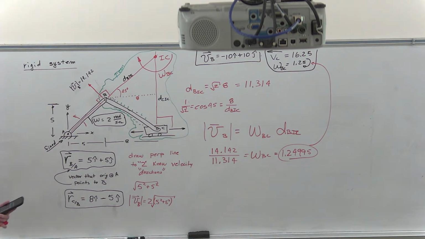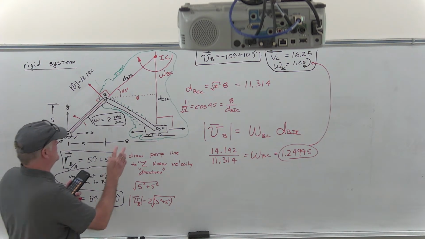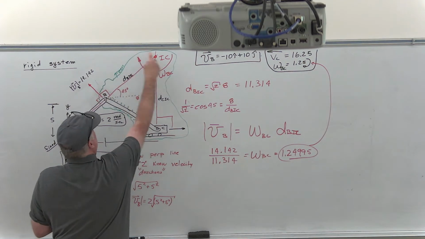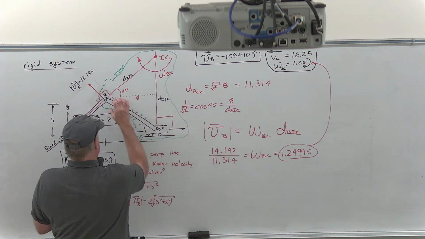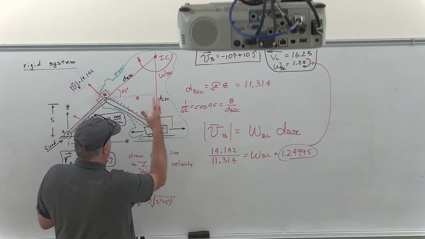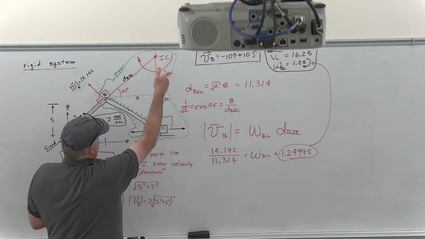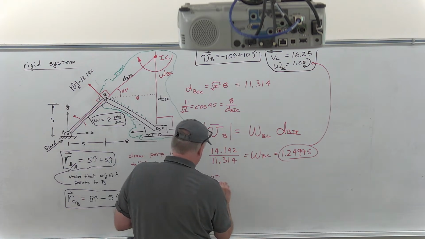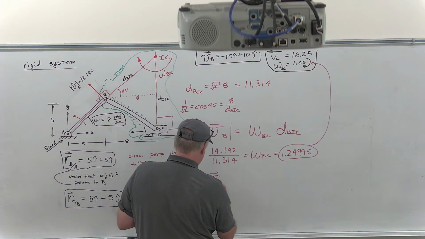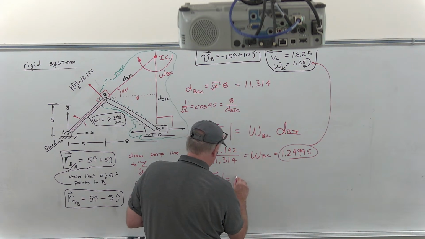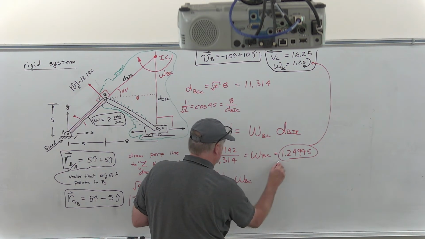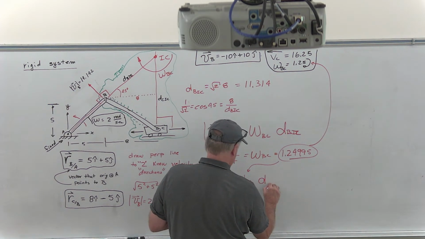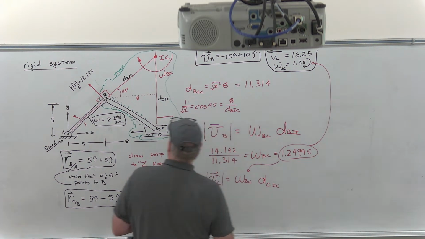Now, how do we find the velocity of C? The velocity of C sits on the same green rigid body in which the link is welded to it at this point in our minds, and it's spinning about this. So the velocity of C magnitude is equal to the omega of the BC that we just found times the distance from C to the instant center.